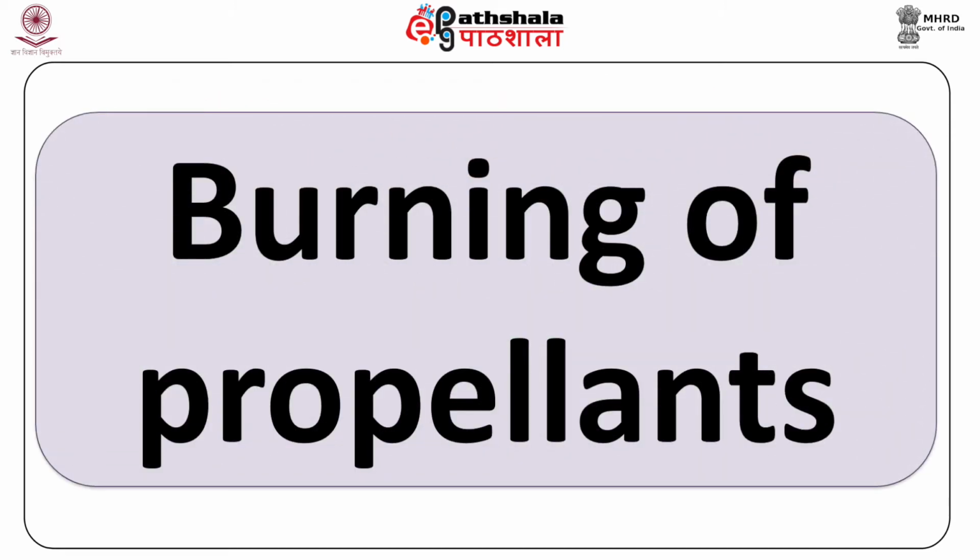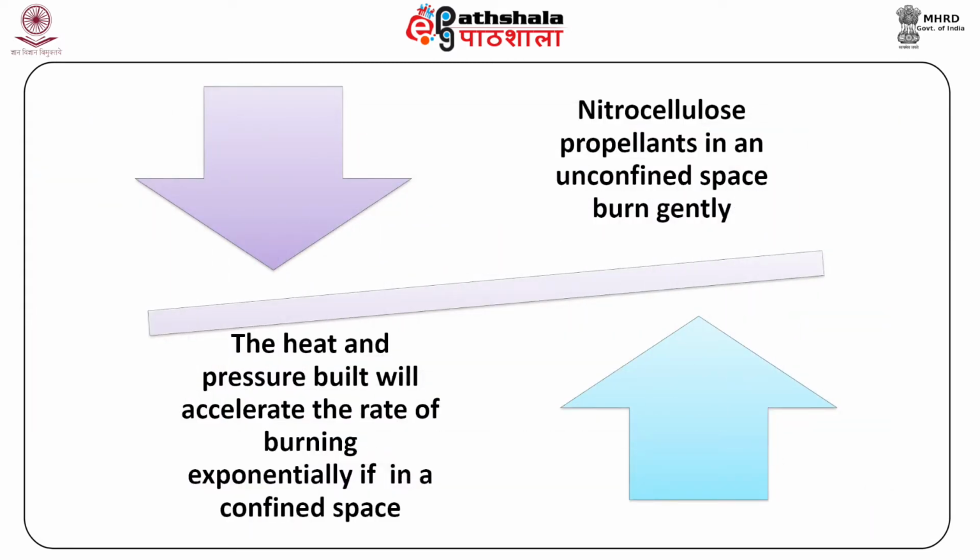Next is burning of propellant. Nitrocellulose propellants, if ignited in an unconfined space, will burn gently. The heat and the pressure built up will accelerate the rate of burning exponentially if it is in a confined space.